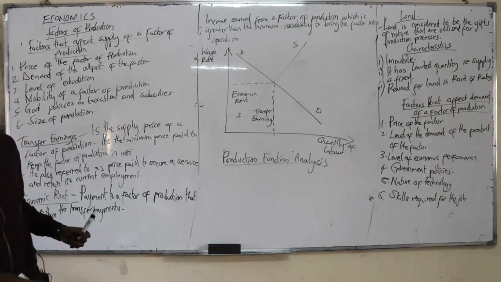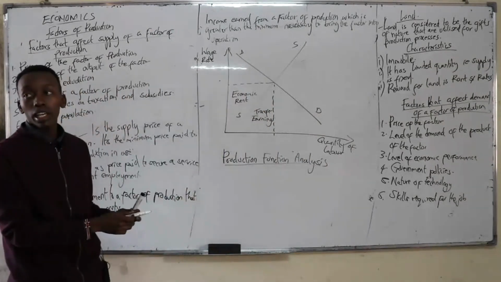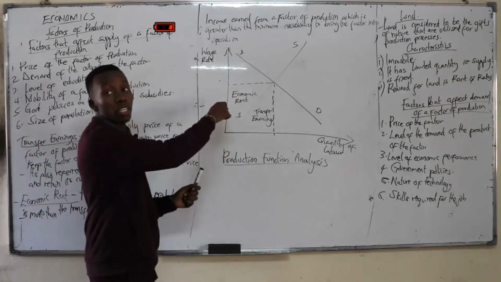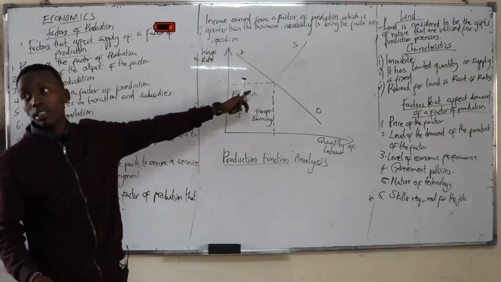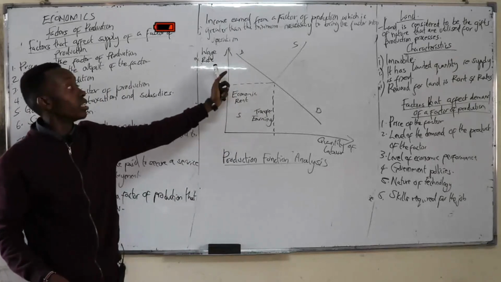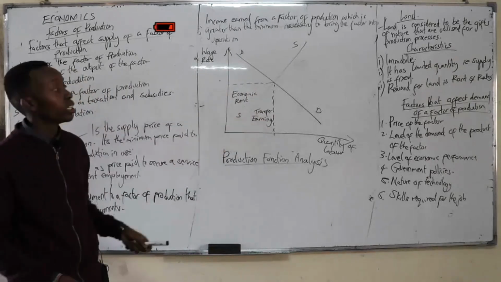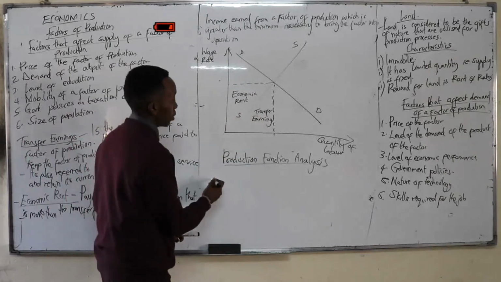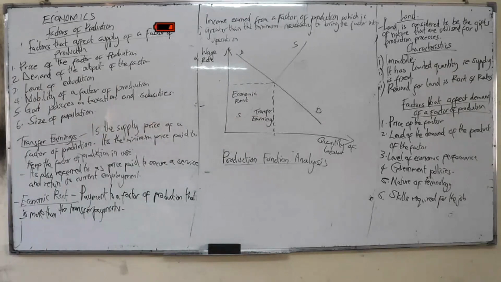You can attest to the different points and then explain what economic rent is and draw this diagram. For the diagram, it has three marks, then the definition and stating what it is, 2 marks. For this production function analysis, we look at production on either a short run basis or a long run basis.